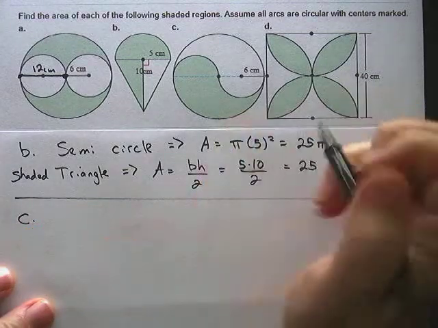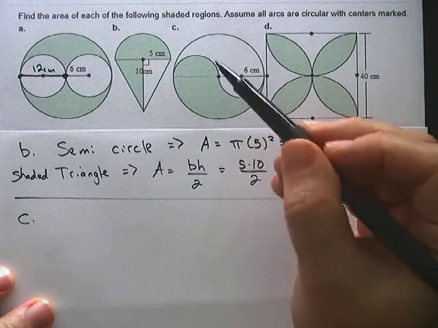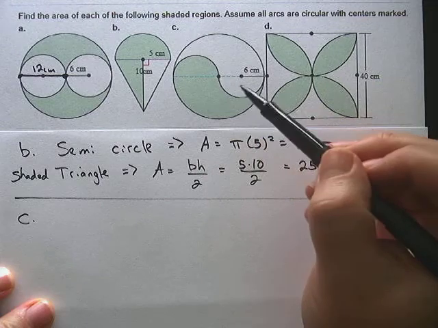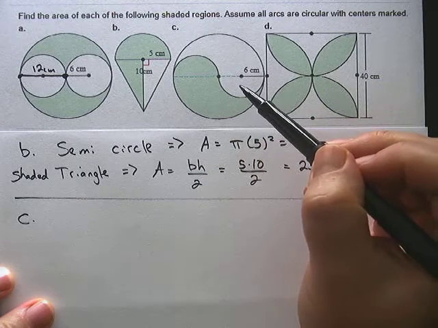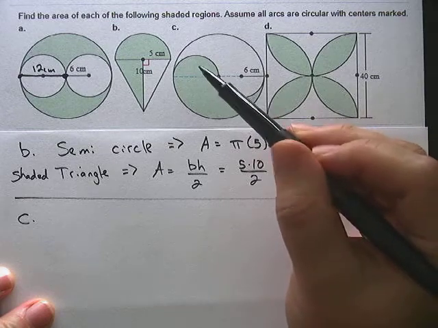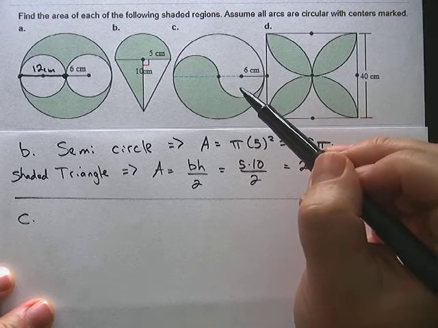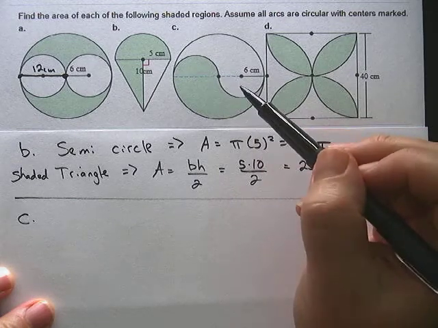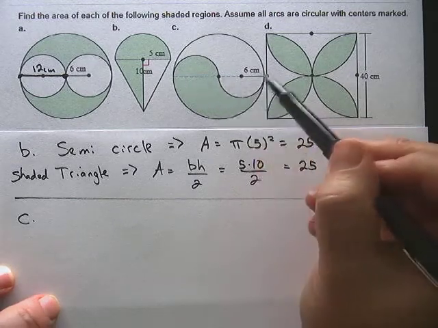Okay, C has the yin-yang sign here. What you should notice about C is that this and this appear to cancel each other out. If you laid this region over here, it's the exact same. So this is still going to be just a semicircle.